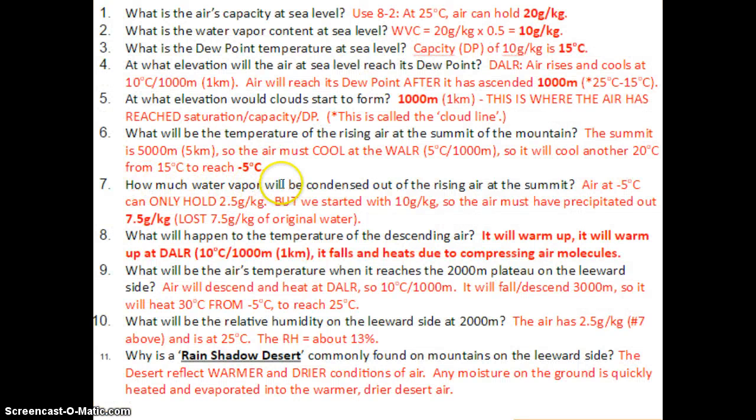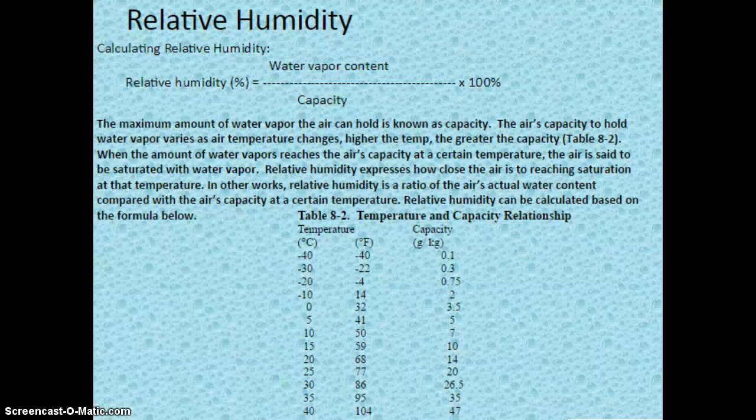Next, how much water vapor will be condensed out of the rising air at the summit? Well, air at negative 5 degrees C can only hold 2.5 grams per kilogram. We get this value when we look at 8-2, and if you use your graph, you get a better value, about 2.5 grams per kilogram.